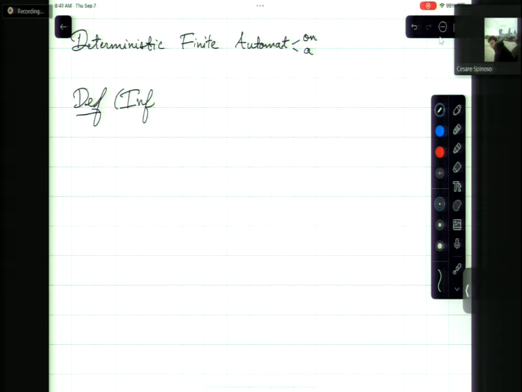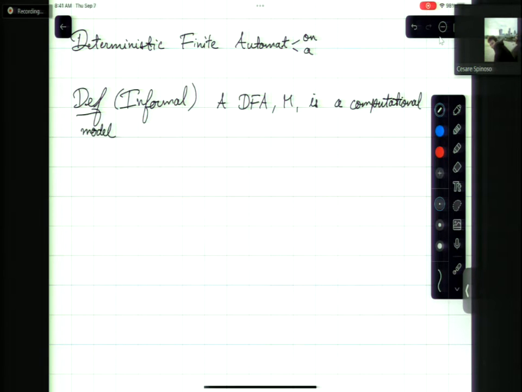So this definition is informal. Okay? So a DFA, which we usually represent with the variable M for machine, is a computational model which, given some input x, where x belongs to sigma star, where sigma star is the set of all strings over the alphabet sigma, so we're assuming that we have a fixed alphabet.